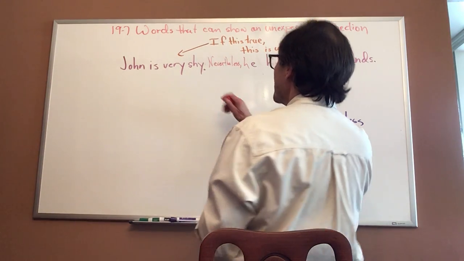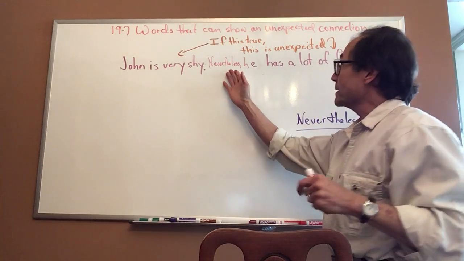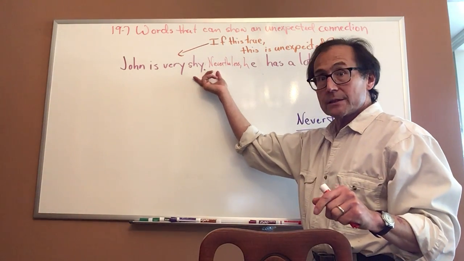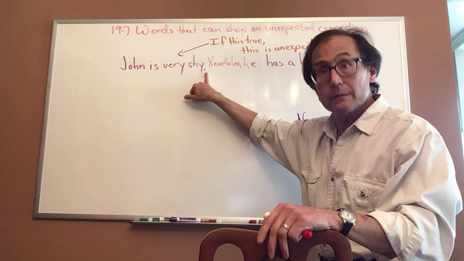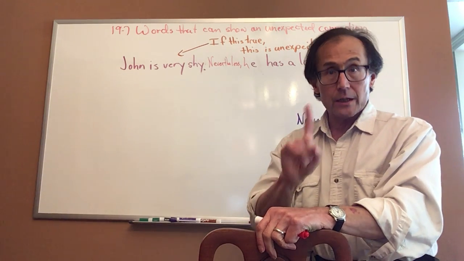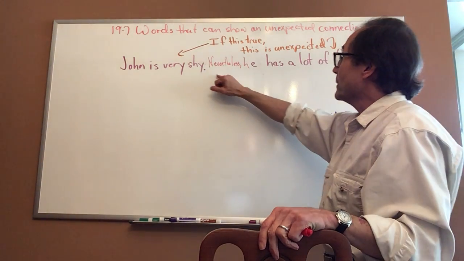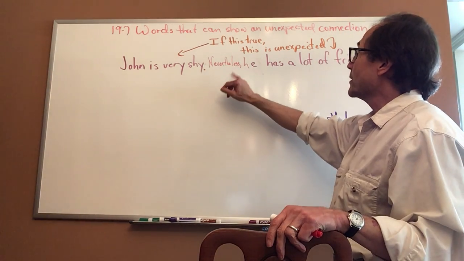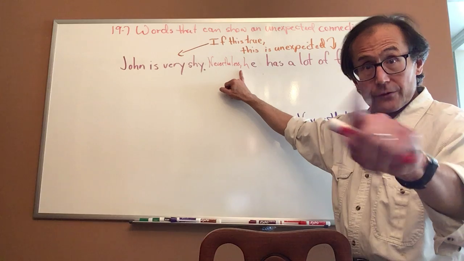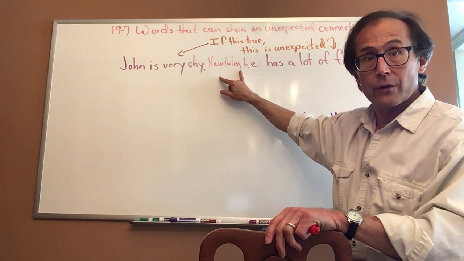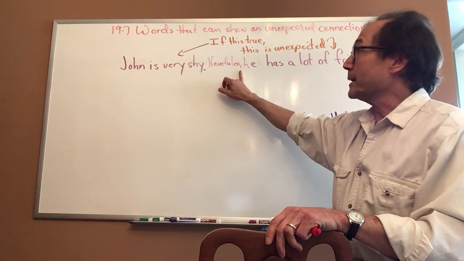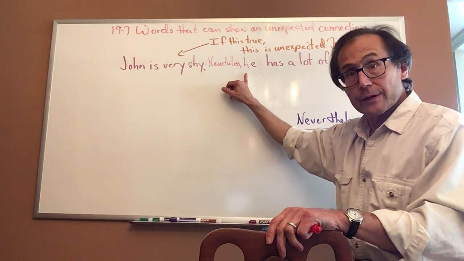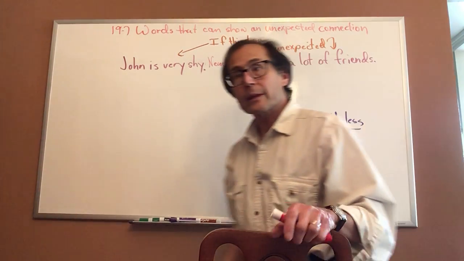So notice, with nevertheless, I don't join the sentences together. I keep the period, okay? Nevertheless cannot join sentences together. So I'll start with a capital letter on nevertheless, and then usually with nevertheless, like therefore, I put a comma after it if it comes at the beginning, okay?